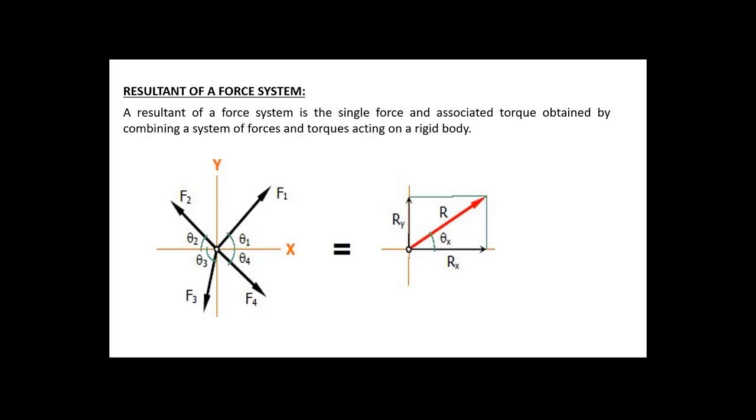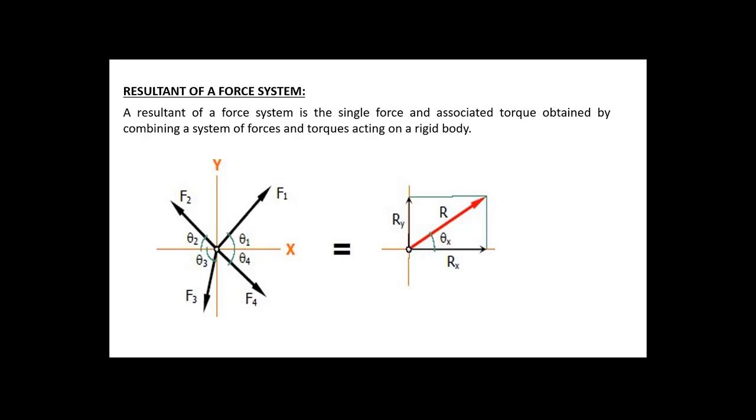Now, resultant of a force system. As we saw in previous slides, the force is resolved into two components. In this one we see that a force system containing a number of forces acting in different directions can be converted into a single force, or a single resultant force, having the same effect on the body.